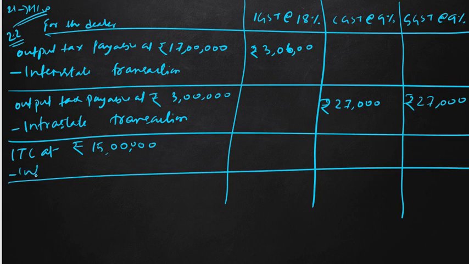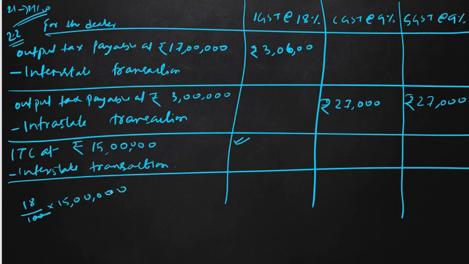The transaction of 15 lakh was interstate. It is also an interstate transaction, already mentioned in the book. So interstate transaction means a different state, so we have only IGST. So we need to calculate 18%. 18% means 18 by 100 into 15 lakh.